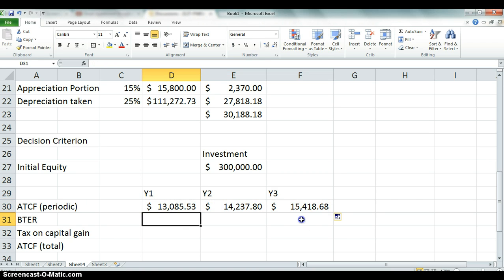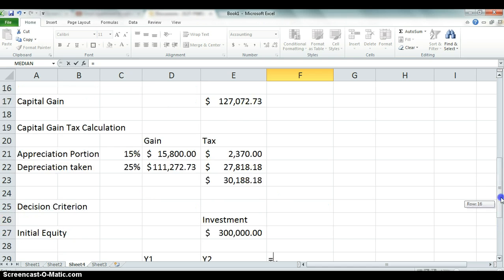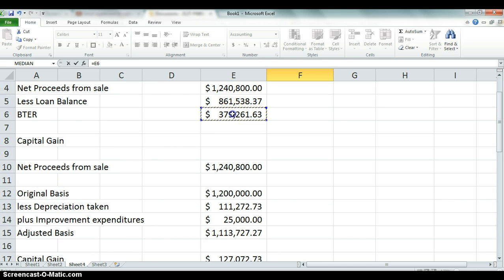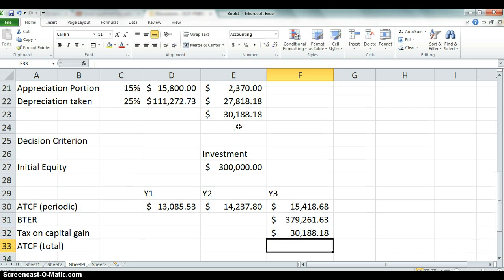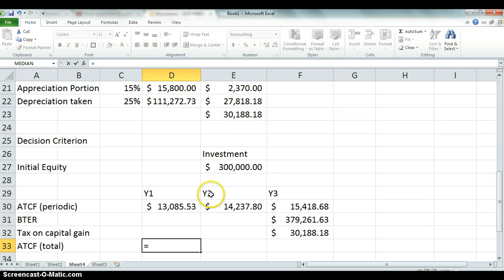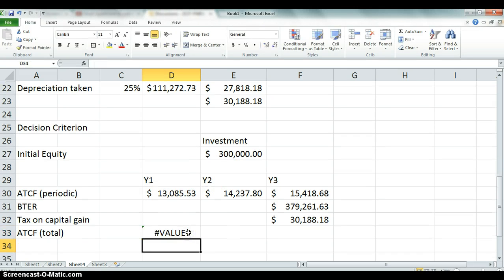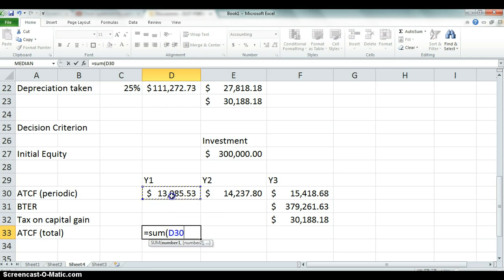Then our BTR will be put in year 3, and we just calculated it in this sheet. Our tax on capital gain equals the summation of the tax on appreciation and depreciation, and we will also put it in year 3. And then finally, for our cash flows, we will do the summation of all these numbers in each year.